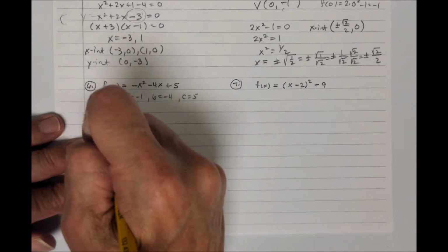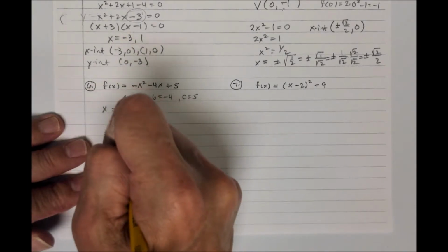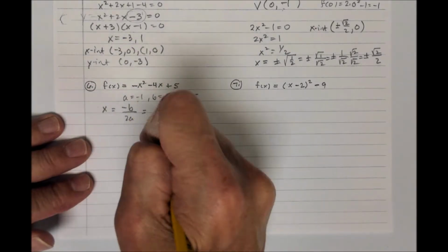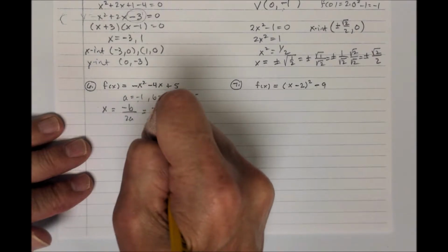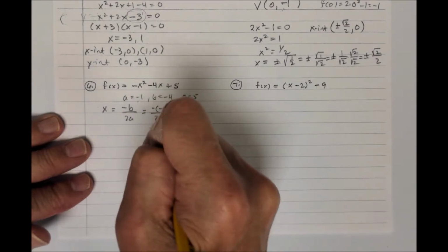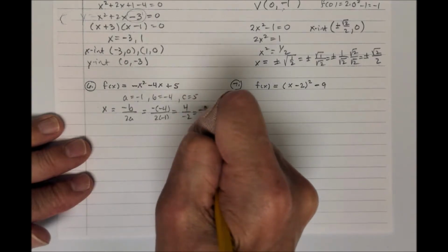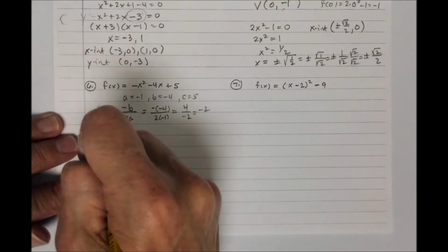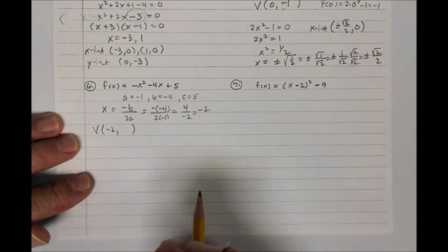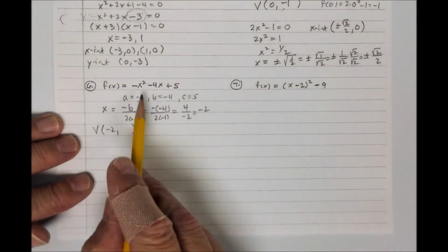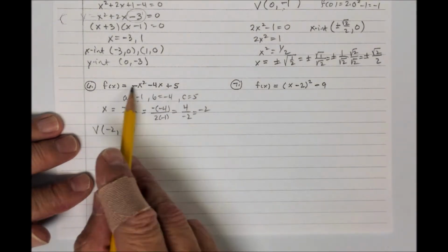And my vertex I can find by the opposite of B over 2A, which would be the opposite of -4 over 2 times -1. So that's +4 over -2 is -2. So my vertex is -2 something. Now to find the something, I have to be really careful. I got lots of negatives and lots of minus signs and all that.